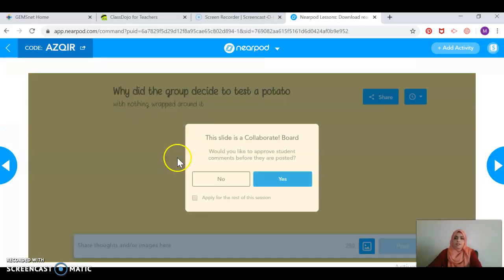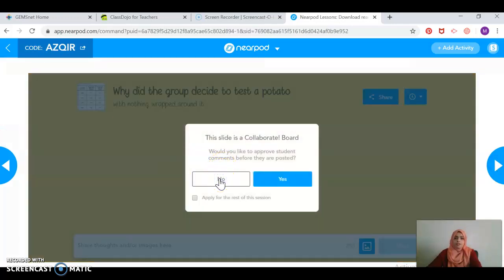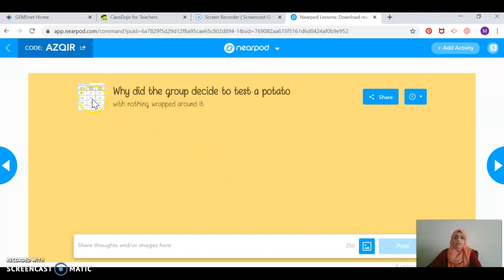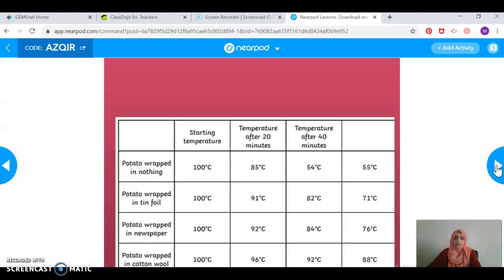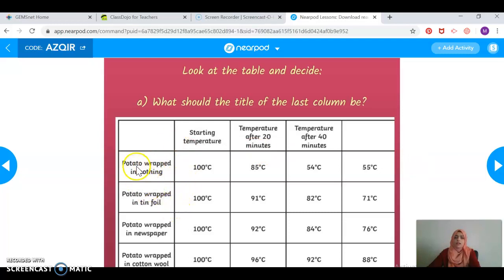The next question: now here is the table of their observation. Why did the group decide to test a potato with nothing wrapped around it? In the table, you will see that they didn't wrap anything around one potato, the potato wrapped in nothing.